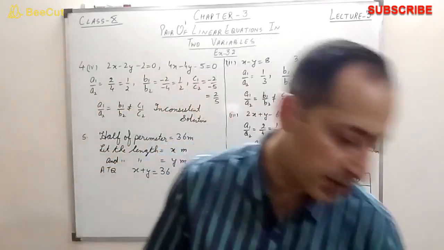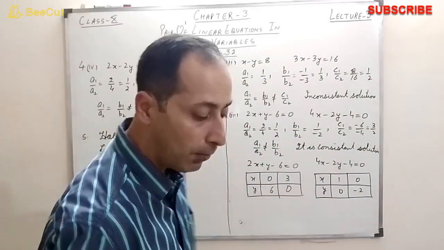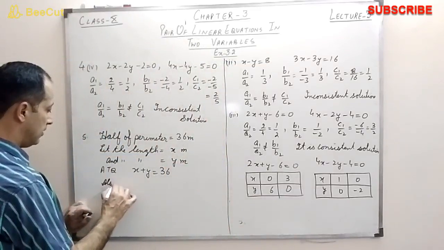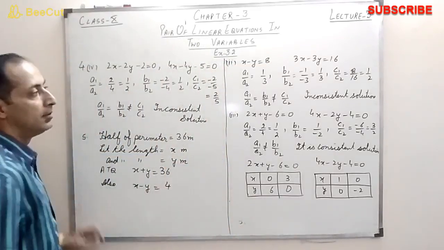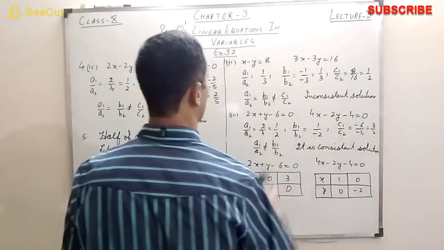Now the second relation given is that the length is 4 meters more than the width. So we also have x minus y equals 4, right? So let's find two solutions for them now.